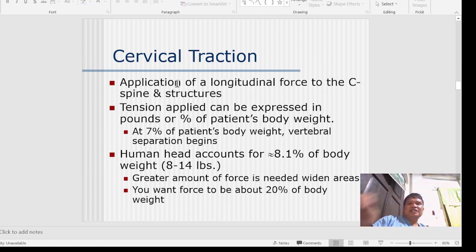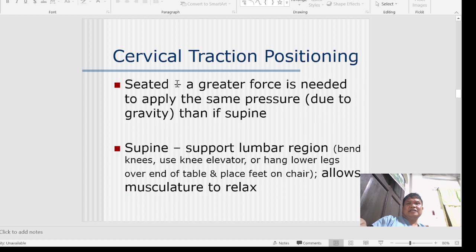Usually if the patient is seated, a bigger pull is needed. If you are seated, then a greater pull is required. In supine, you need to support the lumbar as well as the cervical area.